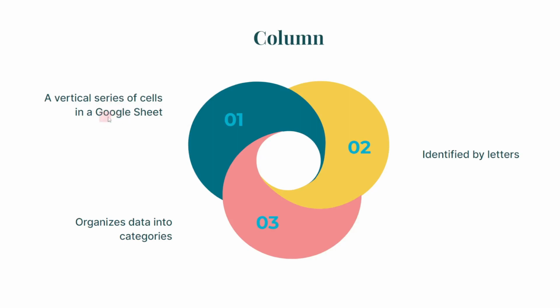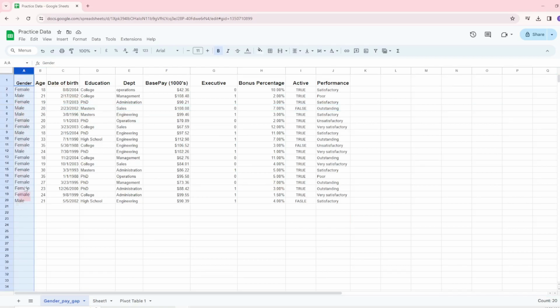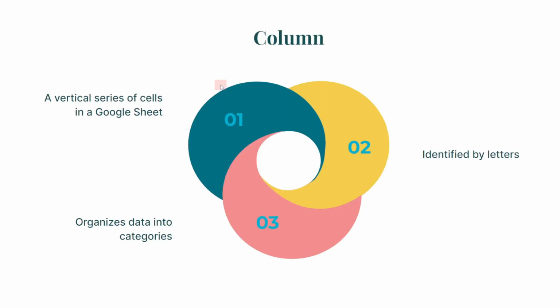It's a vertical series of cells in Google Sheets, identified by letters, and it organizes data into categories. So a series of vertical cells is what we term as columns. So these are individual columns, as we've seen.